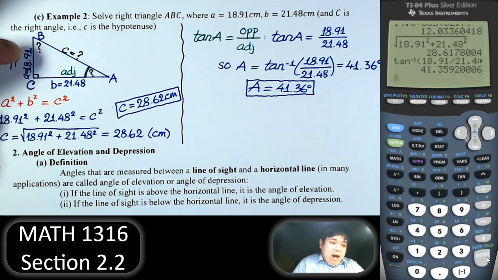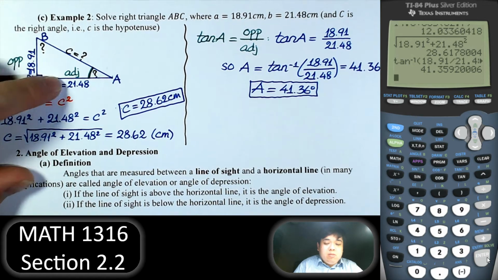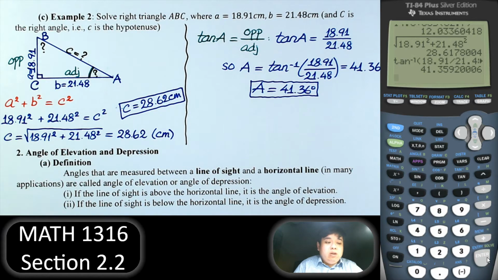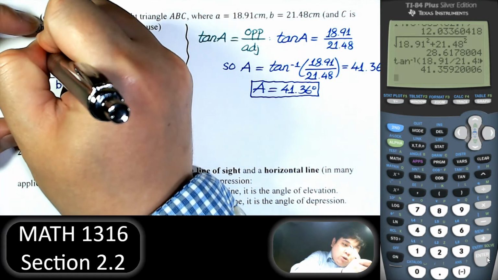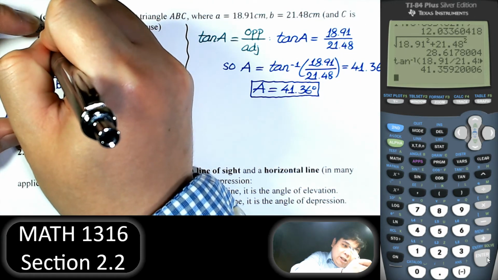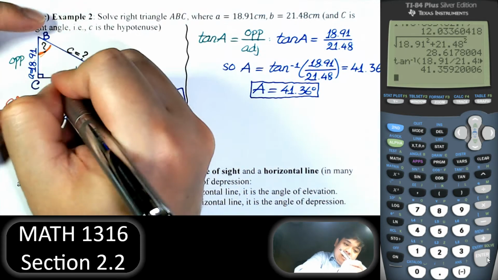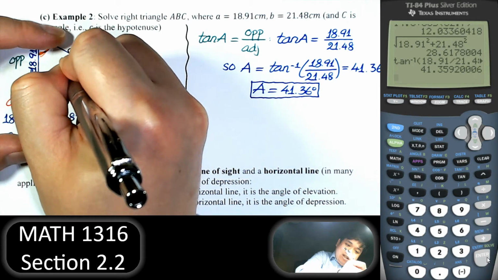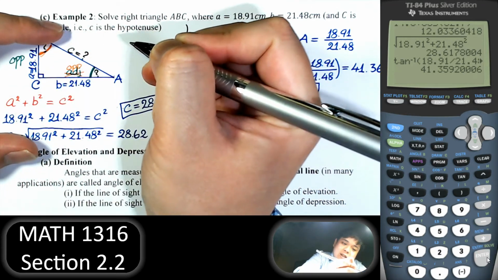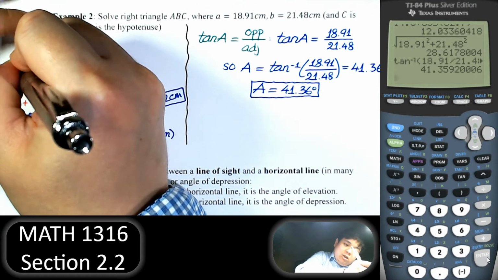Next, find angle B. Once again, I'm still using those two numbers if it's possible, right? Now, different perspective though. With respect to angle B, this is opposite and this is adjacent.